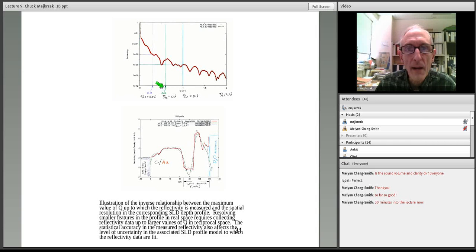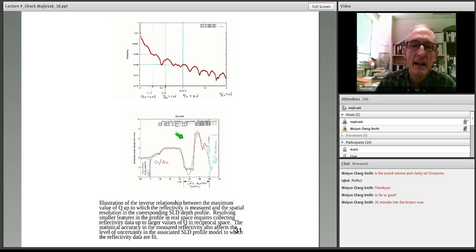Well, if I go out to a Q of 0.3, for example, then this dotted line here shows us that that's not quite sufficient. There's kind of a shoulder here, but it's not sufficient to resolve this variation in scattering length density. To be able to do that, we really need to go out to something like a Q of 0.6, where we can now start to see this distinct change in scattering density in this variation in the head group from the tail.